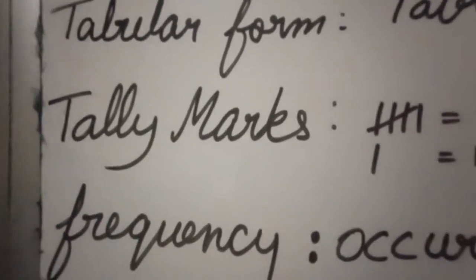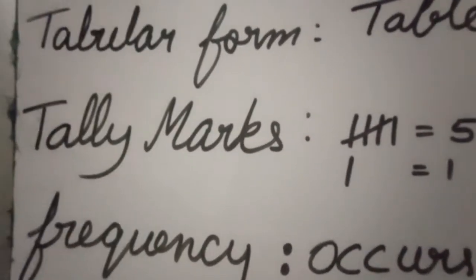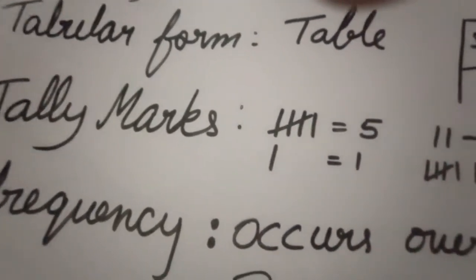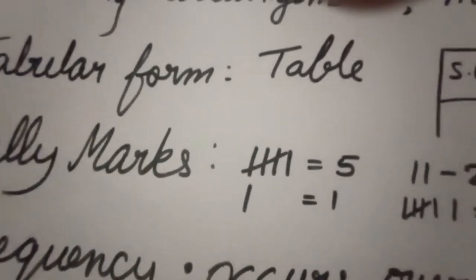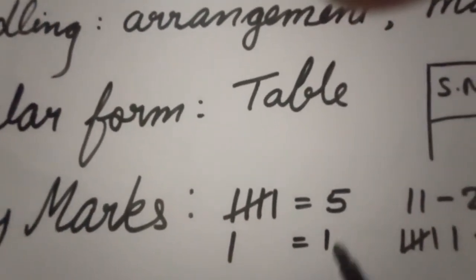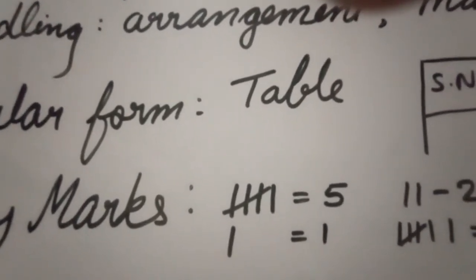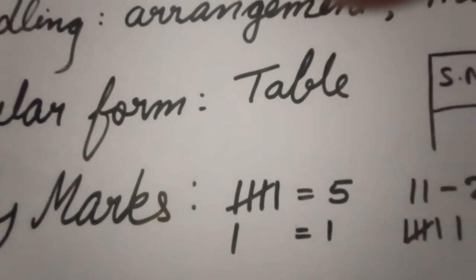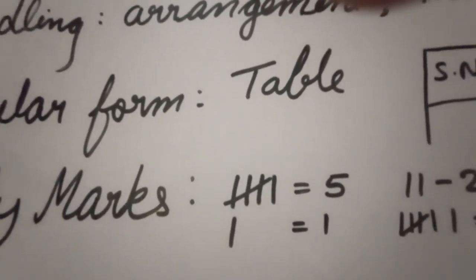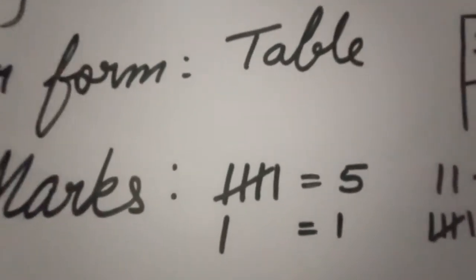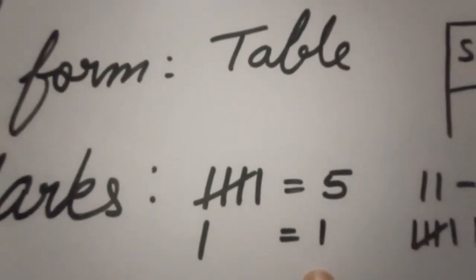So what do you mean by tally marks? Tally marks, in the sense, we use for easy counting. For example, to represent tally marks for 5, we put 4 standing lines and the fifth one will be diagonal or slanting. My dear students, if it is 1, we represent 1 standing line.